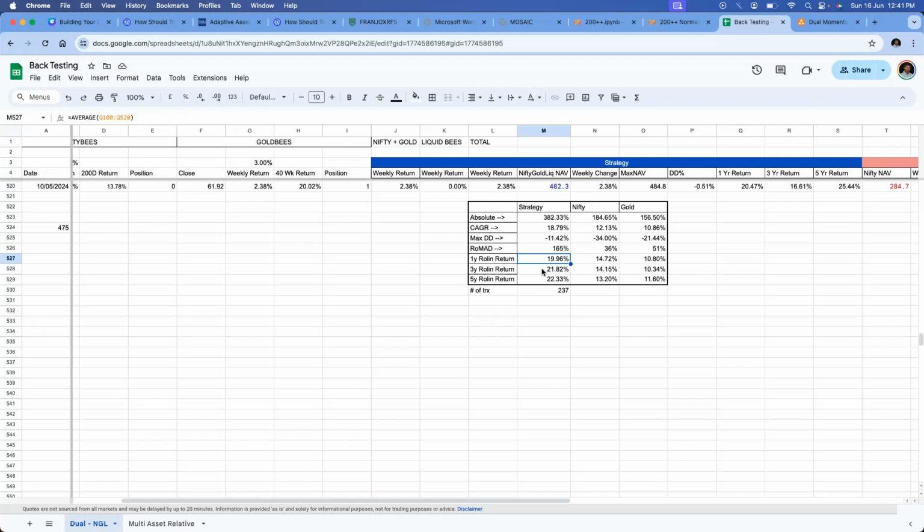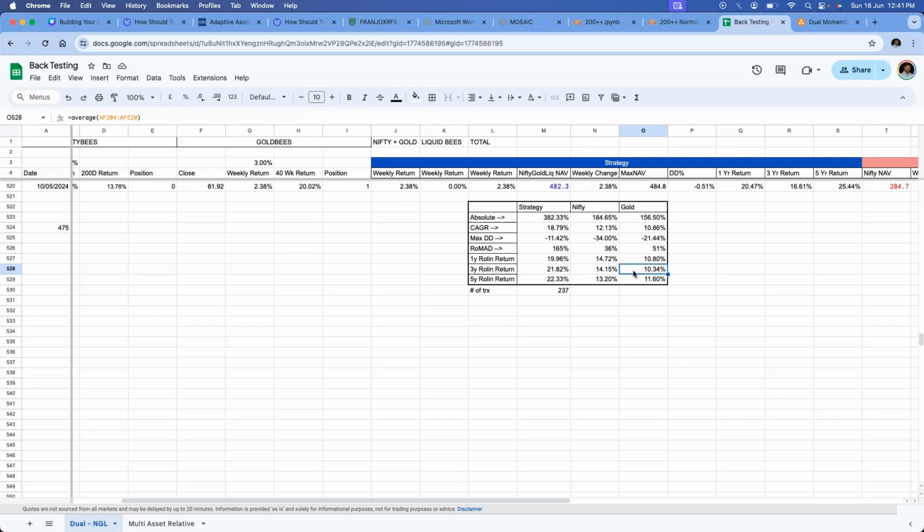Let's say you invest at a random point of time during this 10-year time frame, and you stay for 3 years. The average 3 year rolling returns would be around 21.82% compared with 14.15 with Nifty and 10.34 with gold. So the rolling returns are also superior.